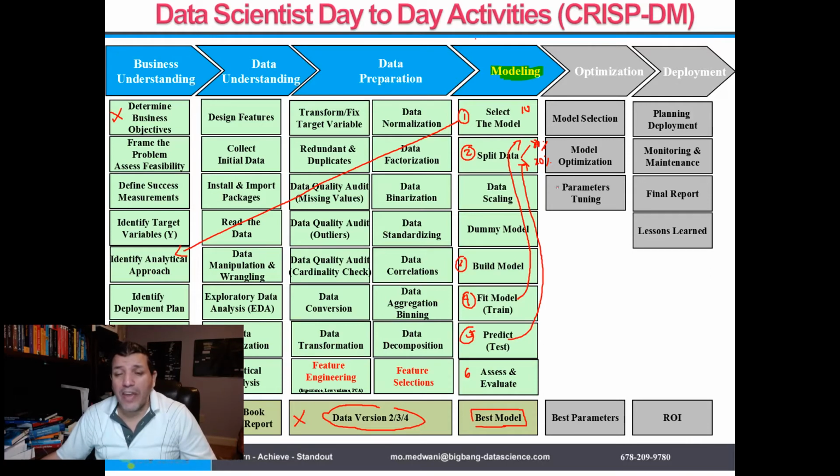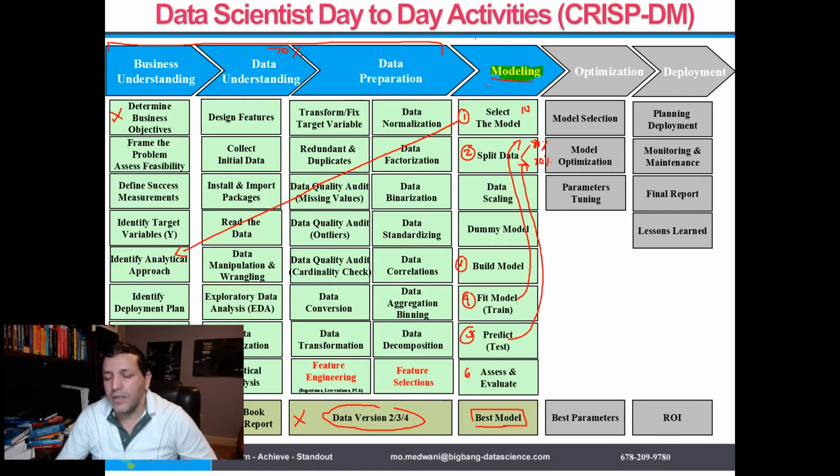And you might think probably that the modeling is the hardest part, but trust me guys, more than 70% of your time would be spent on business understanding, data understanding, and data preparation. This is the hardest part of the entire project. Anyone can do the modeling, regardless of your data background.